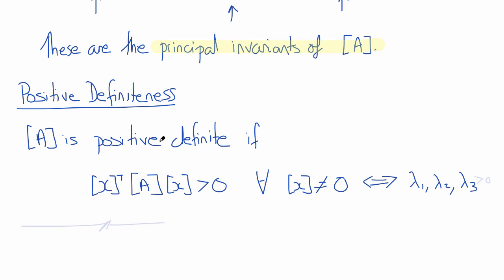So in other words, if lambda 1, lambda 2, and lambda 3 are all greater than 0, then you can say that the matrix A is positive definite. So that's a good place to stop for today.